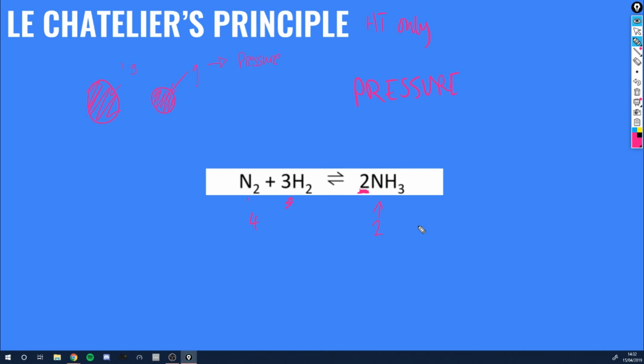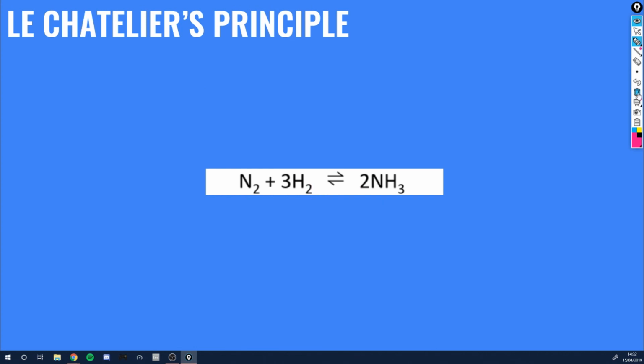However, if you decrease the pressure, equilibrium will shift to the side with the most molecules. So on this side, there will be more reactants formed. So it's always like, increase, something happens; decrease, the opposite happens. So you're better off just remembering one part of what happens for each one.